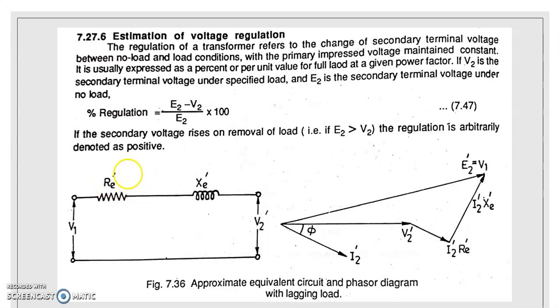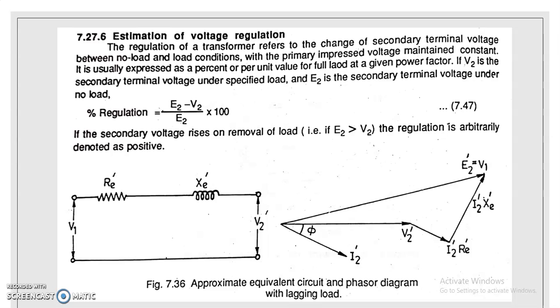Here primary voltage V1 is shown, secondary voltage referred to primary is V2 dash, and the phasor diagram is also shown. V2 dash is considered as the reference, and I2 dash is the secondary current referred to the primary, which is flowing through the equivalent resistance Re dash and reactance Xe dash.